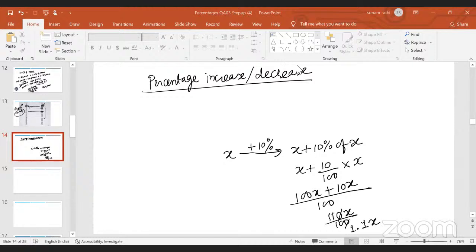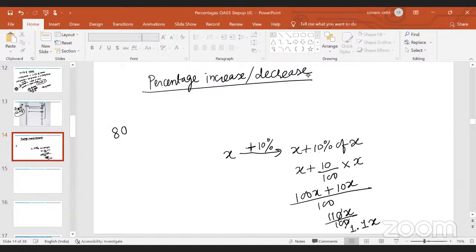X is increased by 10%. If you're increasing any number by 10%, this is how you will write: X plus 10% of X, X plus 10 divided by 100 into X. When you solve it, you will get 1.1x. Is it clear to everyone? I'll explain it again. Let's say you have 80.